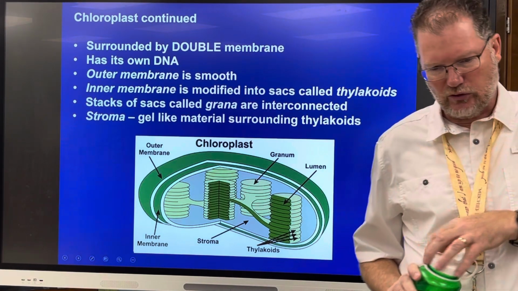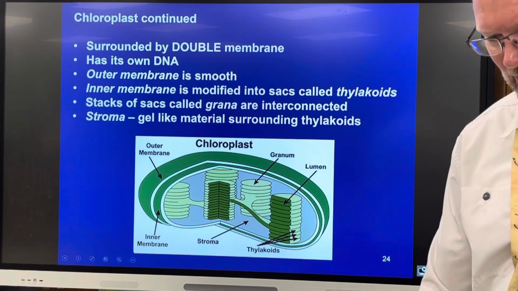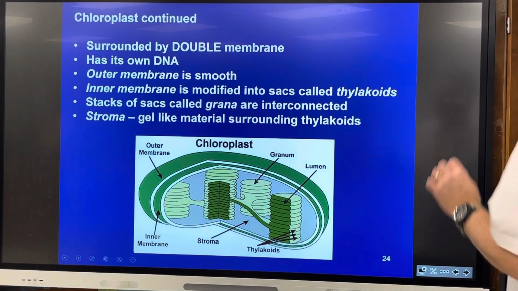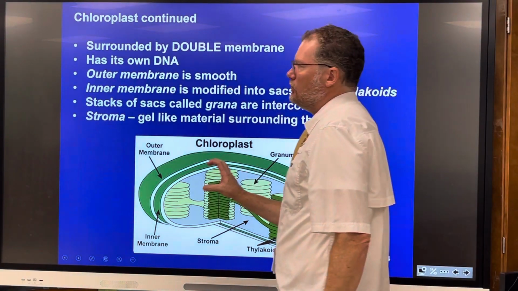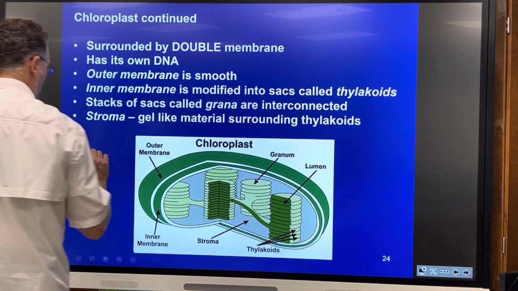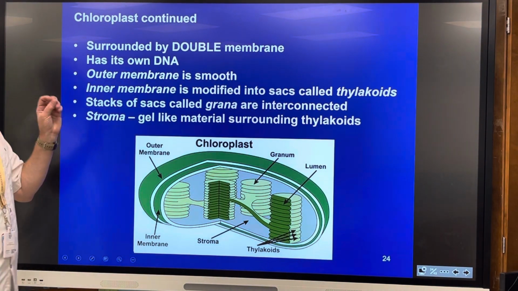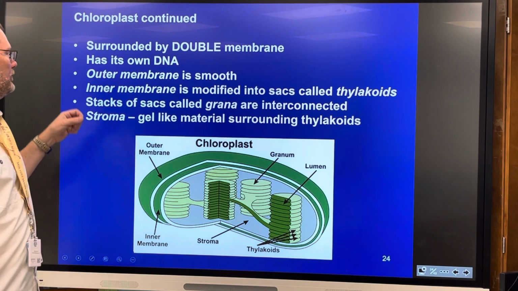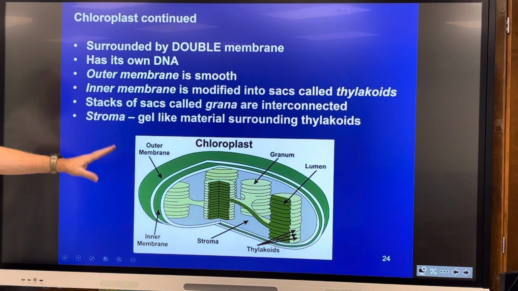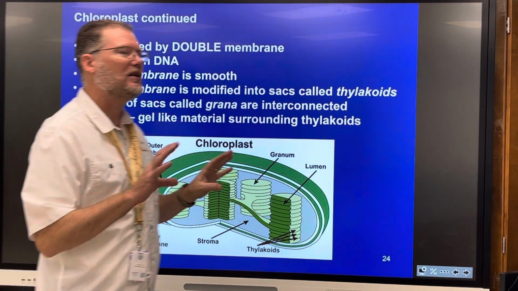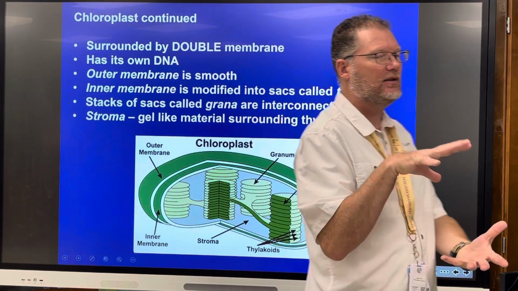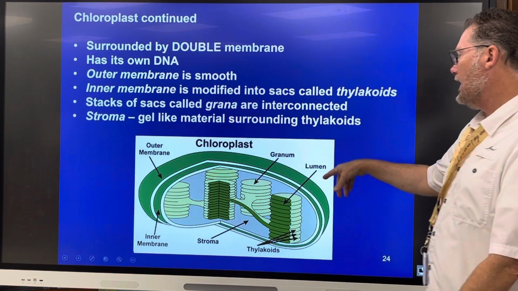So now we're on the next page, page 6. There's a double membrane, an outer and an inner membrane of a chloroplast. What's amazing is that chloroplasts have their own DNA. The outer membrane is smooth and the inner membrane is modified into these pancake-looking stacks called thylakoids.